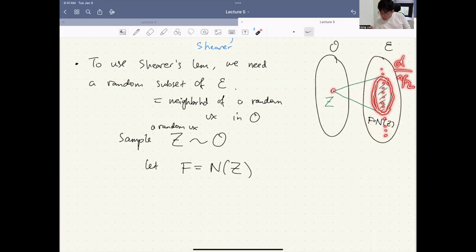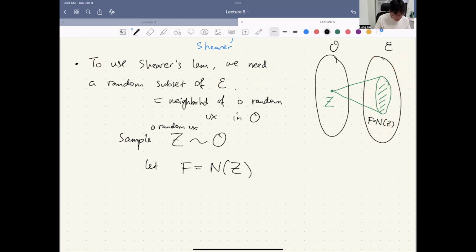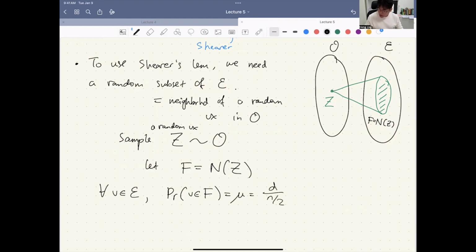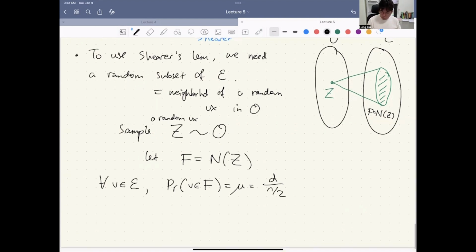There's D of them. If you hit one of these, you are in here, right? So mu, we have for each v in E, probability of v in F, this is the mu we're going to use, is D over n over 2. Okay, now we use Schur's lemma.